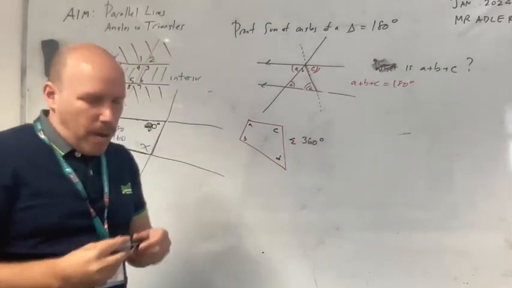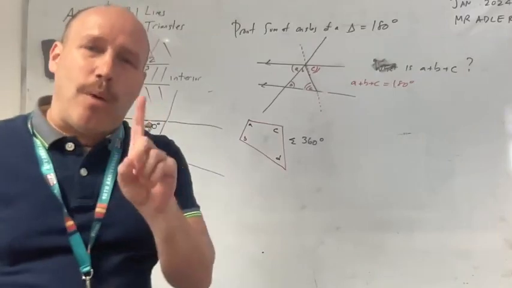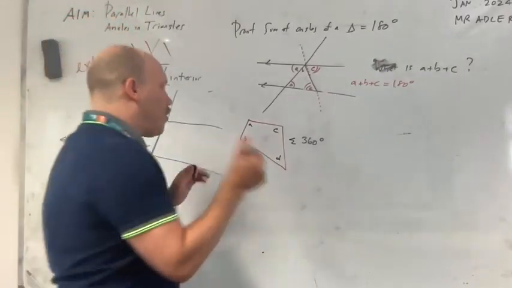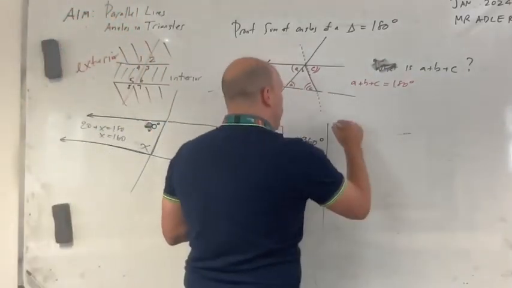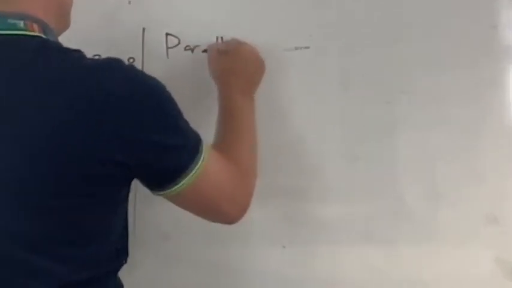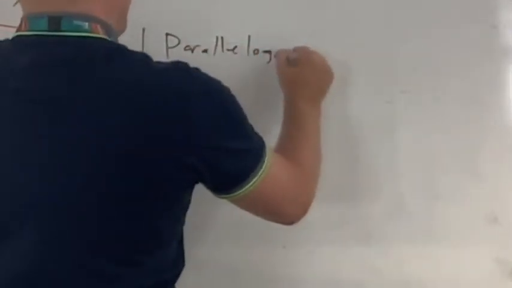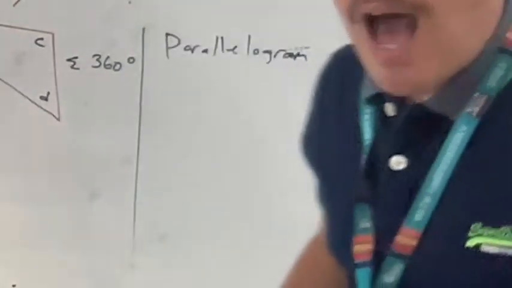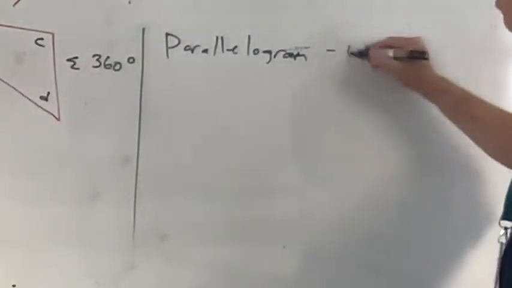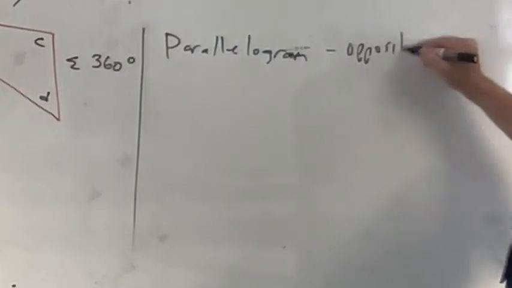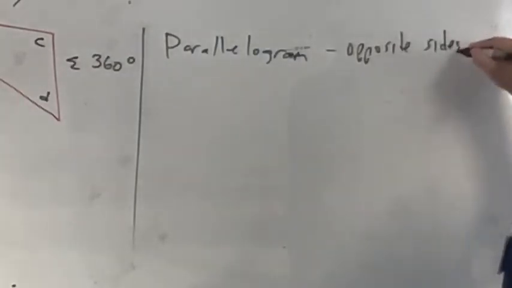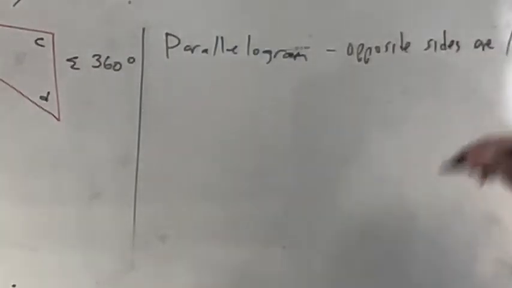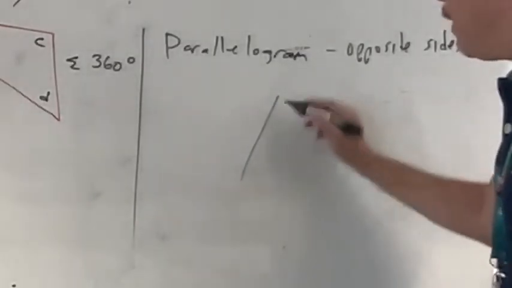Now, we're not going to talk about quadrilaterals yet, but I want to talk about one specific quadrilateral. Let's talk about the parallelogram. What's special about the parallelogram? The opposite sides are parallel. So it looks something like this.